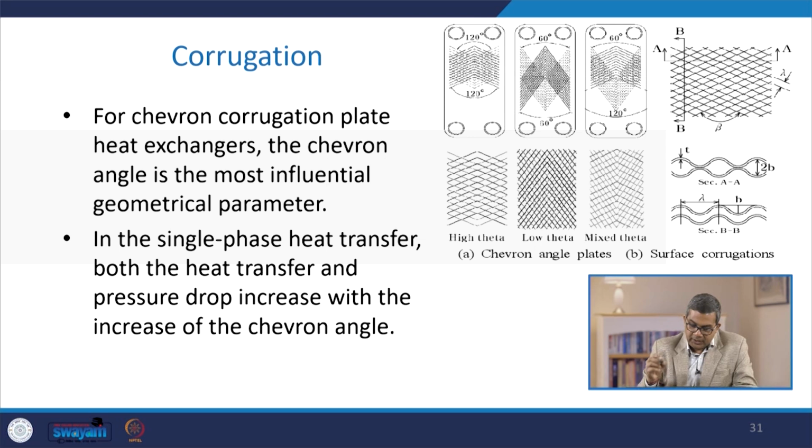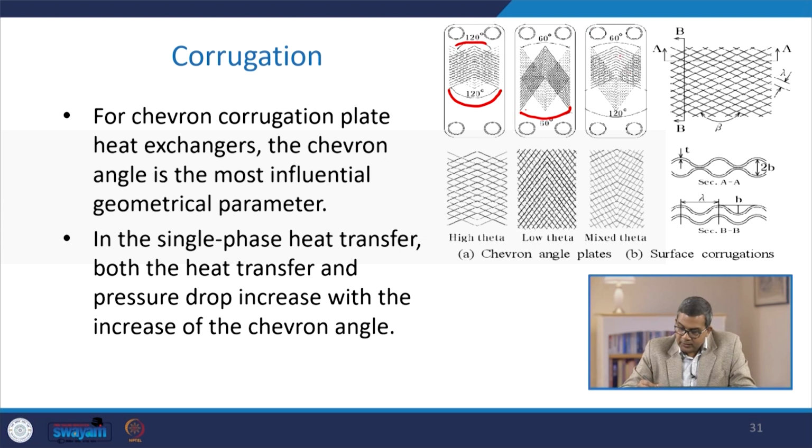Here you see that we have represented three different combinations. One is the high Chevron angle, that is high theta, you can see 120 degrees. Here is the low theta one, the Chevron angle of 60.